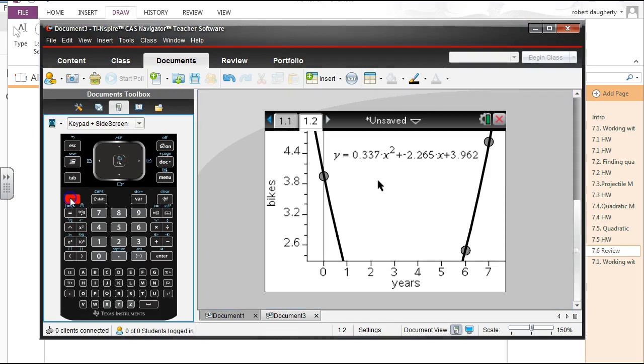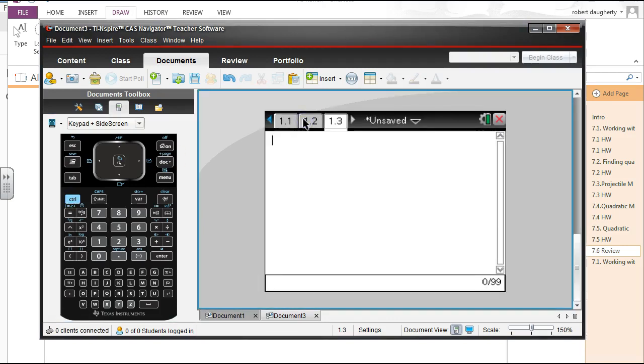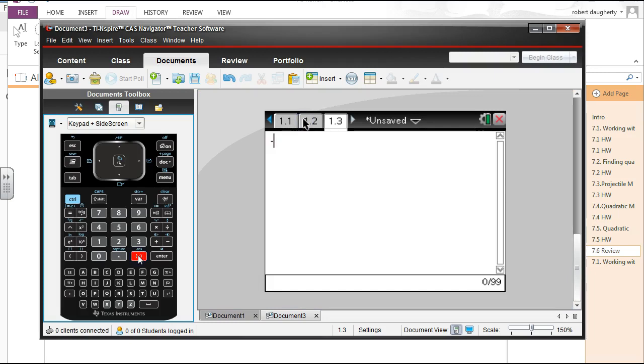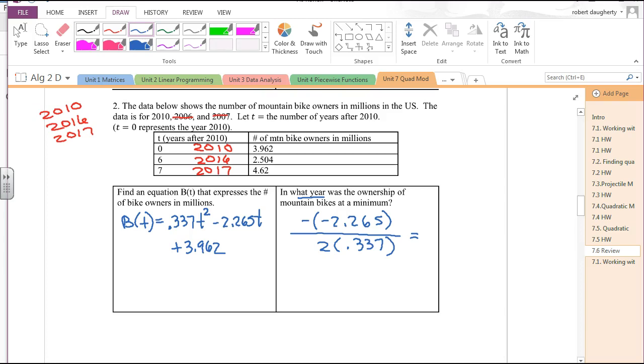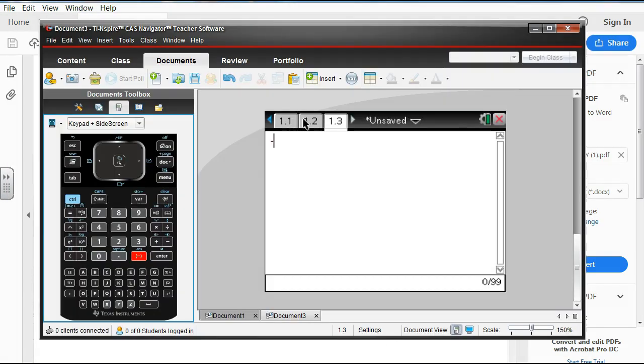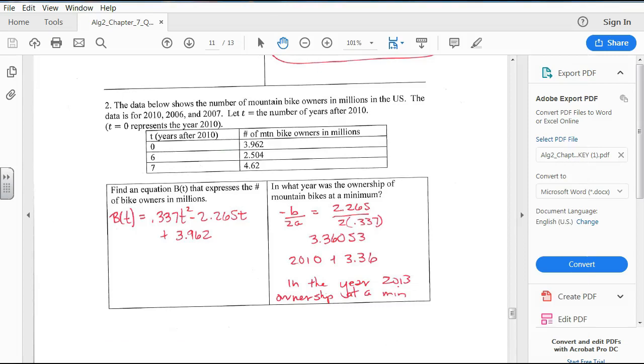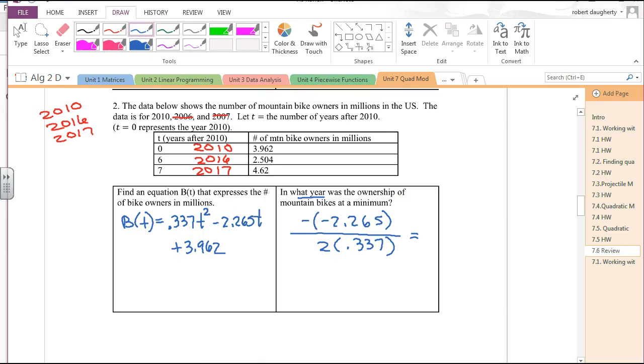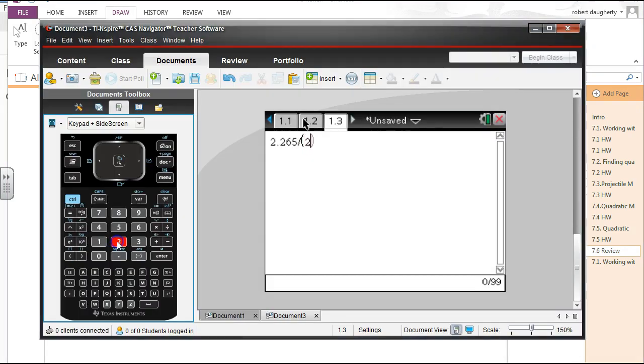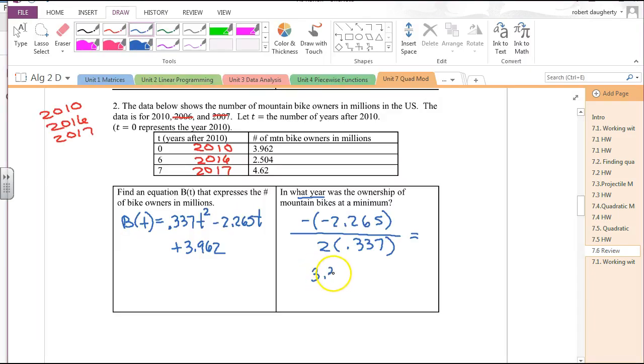I go to a calculator page: negative of negative 2.265 is just going to be 2.265 divided by 2 times 0.337, which equals 3.36.